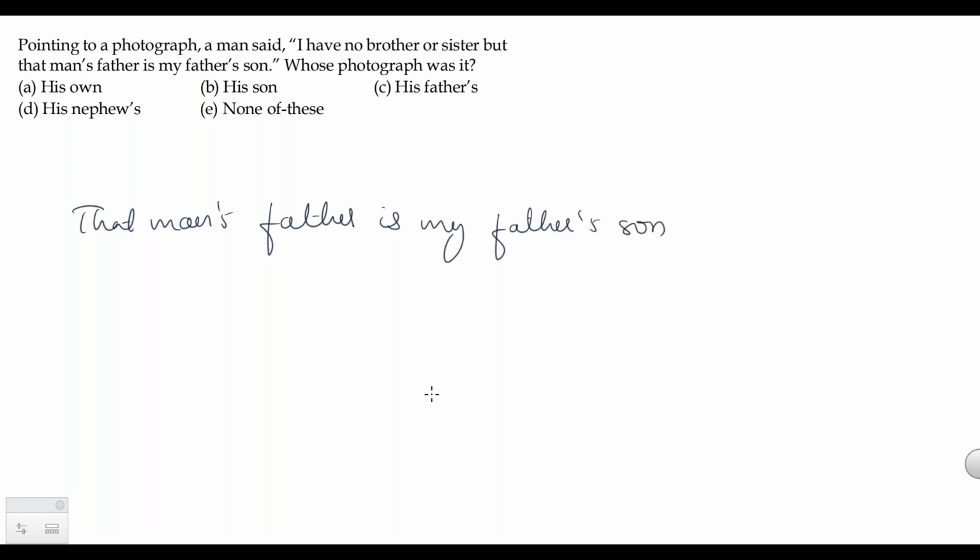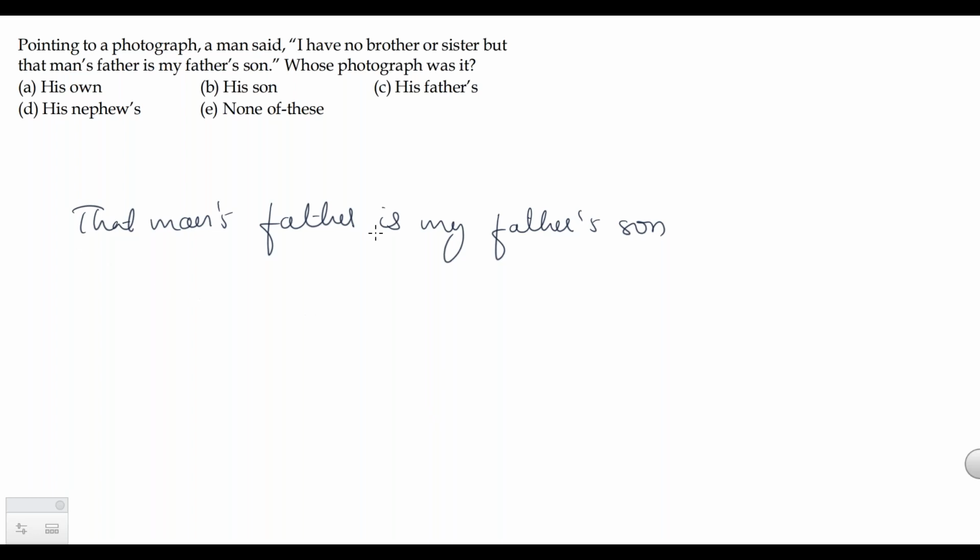That man means I am saying about the man in the photograph. I am talking about that person in the photograph. When I say that man, I am talking about the man in the photograph, right?